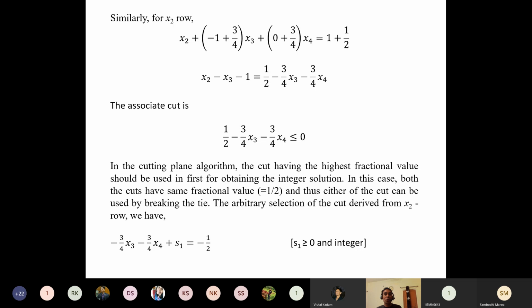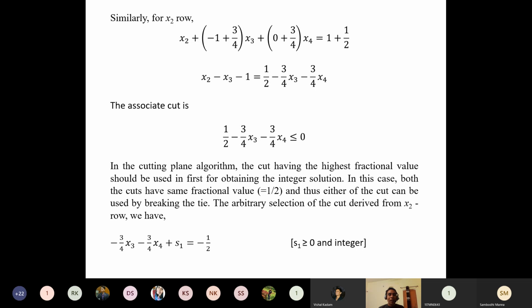If this is an integer, and less than half, the integer value is always less than or equal to 0. That's why this holds: 1/2 minus 3/4 x3 minus 3/4 x4 should be less than or equal to 0.